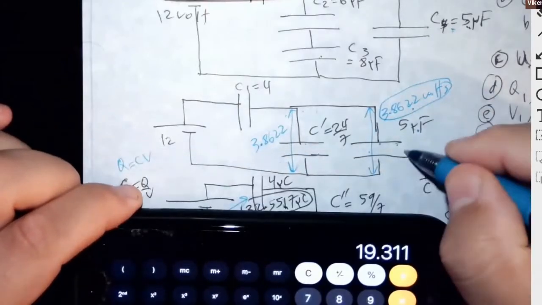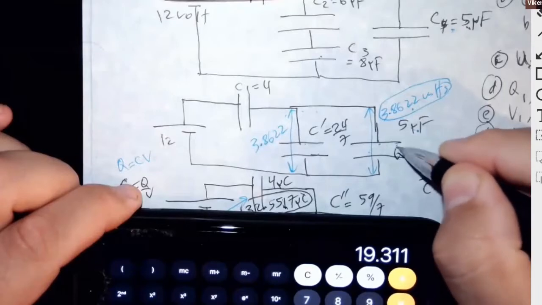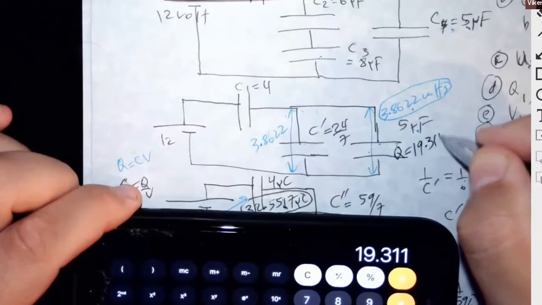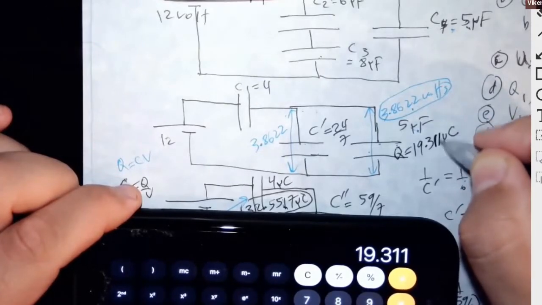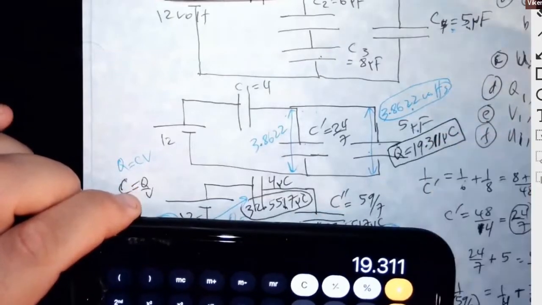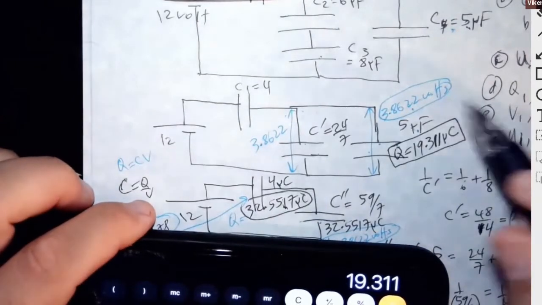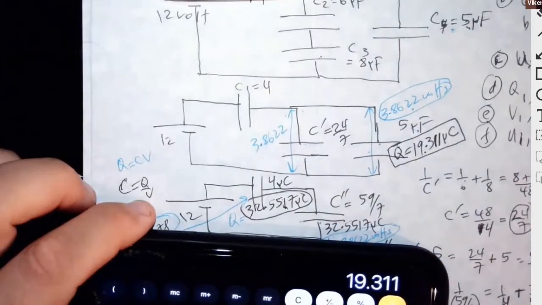So its charge is going to be 19.311 microcoulombs. Okay. So then I've got its voltage, I've got its charge. Then I can do the energy later on.